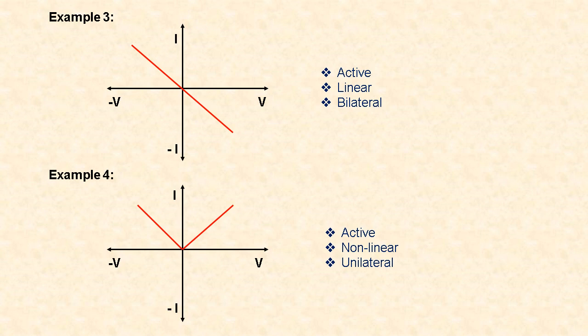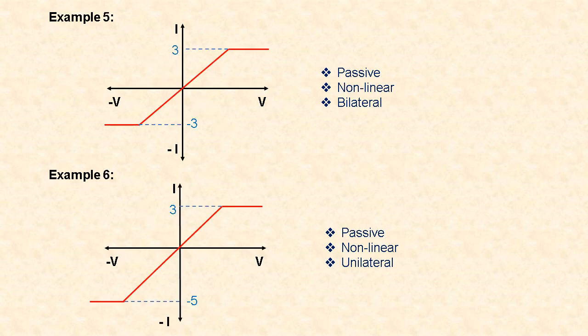For bilateral, it should offer the same impedance in first quadrant and in third quadrant, or in second quadrant and in fourth quadrant. If you see example 5, the VI characteristics is not a straight line passing through the origin, and also it doesn't have the same slope throughout.